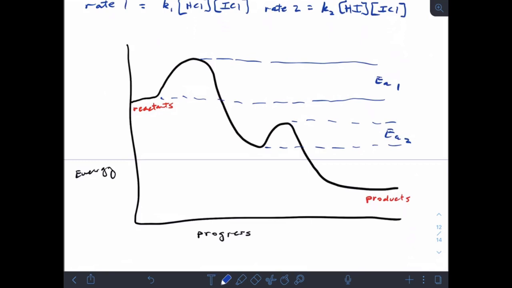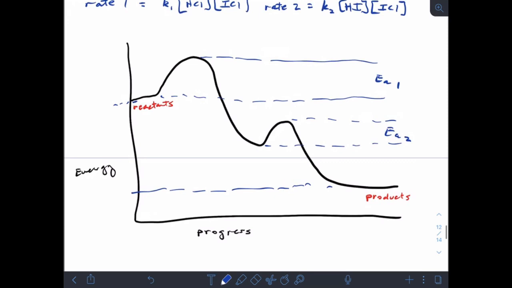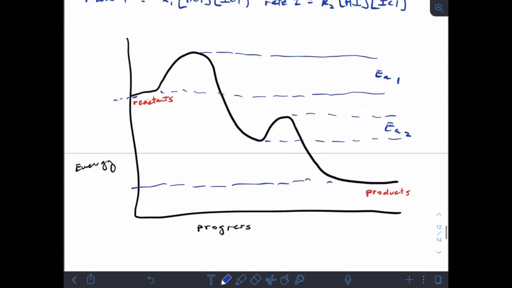Okay? So we can also talk about our overall energy of this reaction, our delta H. Exothermic. Now what's interesting about this particular scenario is because we have 2 reactions, we have this trough in the middle, right?